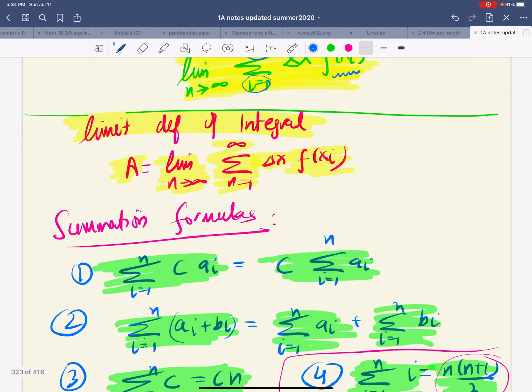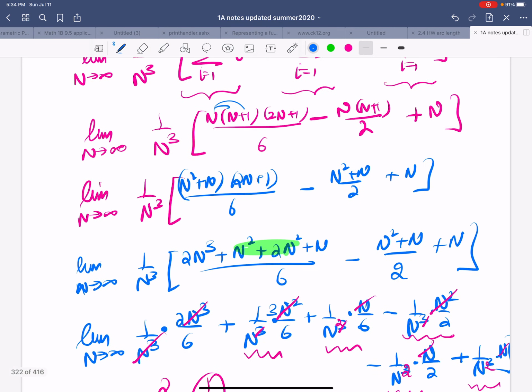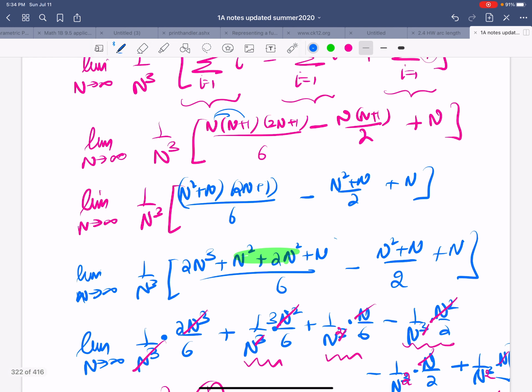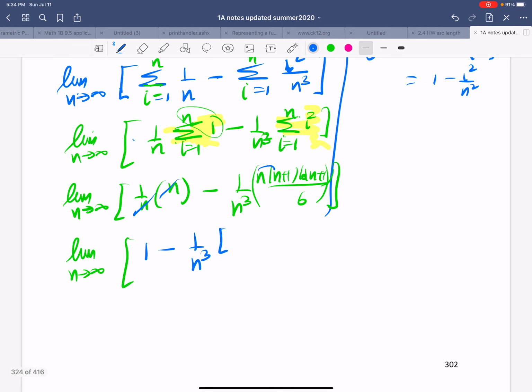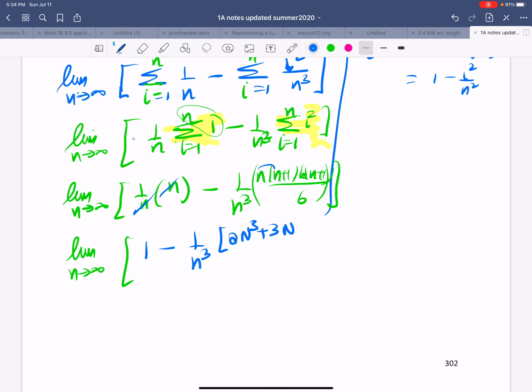We just did that in the previous problem. We multiplied them, and that turned out to be 2n to the third plus 3n squared plus n, divided by 6. Limit as n goes to infinity, and it's lowercase n in this case.